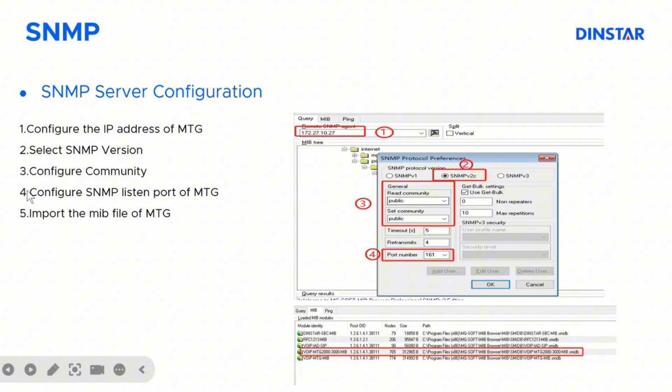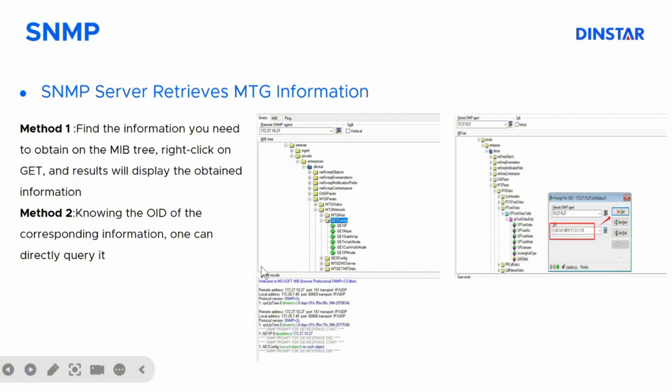And we also need to load the MIB file, to import the MIB file of the MTG. So after enabling this, we can monitor the MTG. We can browse the MIB tree here to get the status.